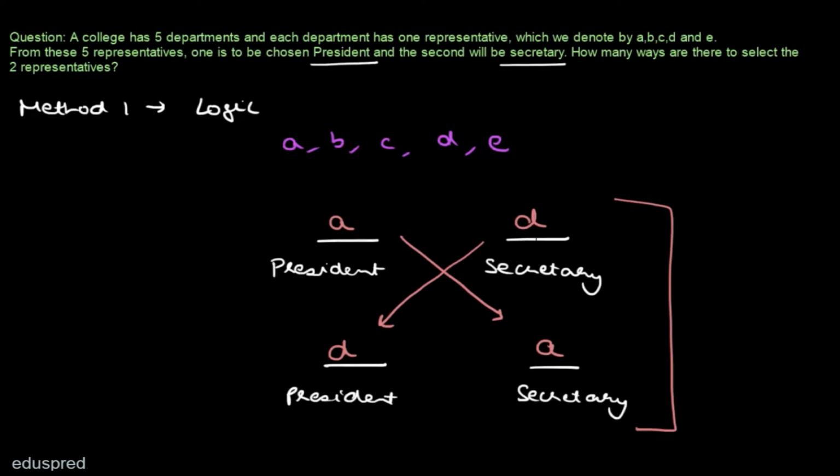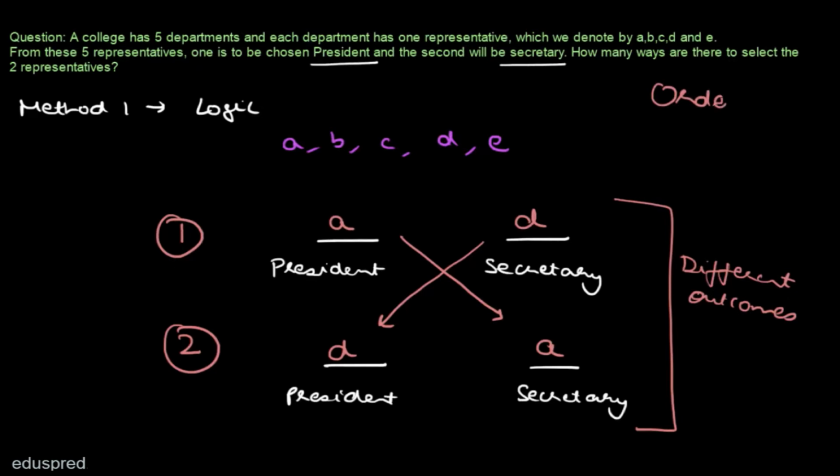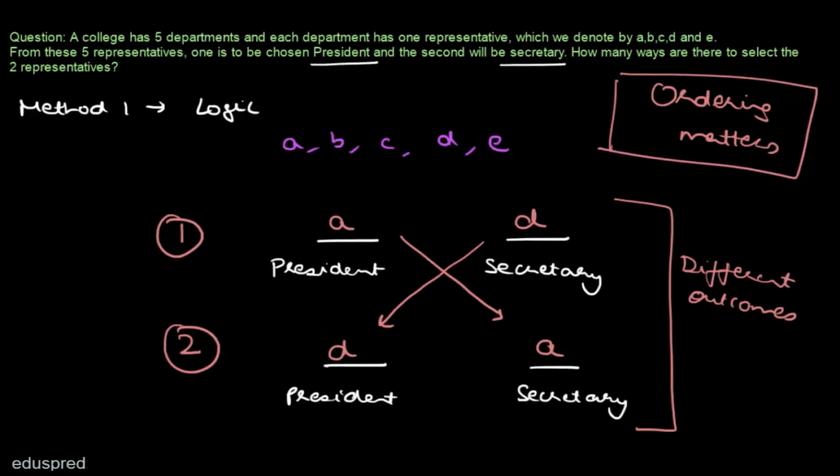If you change the order of the outcomes, you get another possible outcome. In outcome number 1, A is the president and D is the secretary. In outcome number 2, D is the president and A is the secretary, and these are different outcomes. So in this case, the ordering of the outcome matters. These 2 outcomes are not same, so it matters the way you order it.